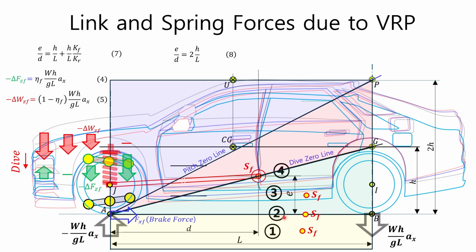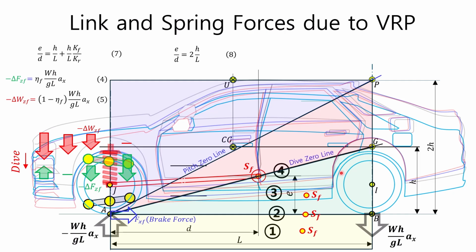Region 2 represents the case where the virtual reaction point SF lies on the horizontal line connecting the front tire's road contact center, point A, and the rear tire's road contact center, point B. In this case, the resultant vertical force of the links is 0, and only a vertical force compressing the spring exists. In this case, eta F is 0. Region 3 represents the case where the virtual reaction point SF lies in the region between line AB and line AG, indicated in light green.